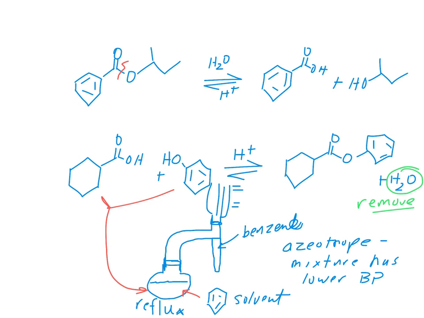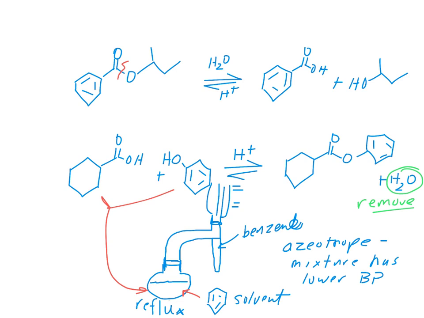But as the reaction proceeds, the first thing in the vapors coming up here is going to be azeotrope. So this is going to be the mixture. Benzene is going to carry water up into the condenser, and it's going to condense. But then it drips in here, and the azeotrope separates, and the water is more dense than benzene, so the water sinks to the bottom of this side arm.